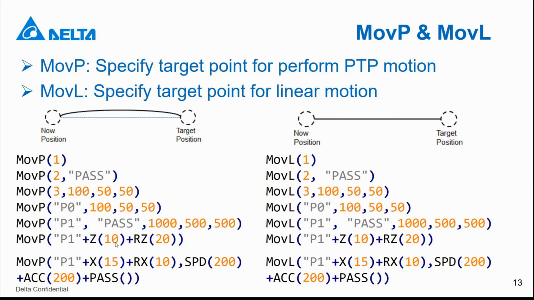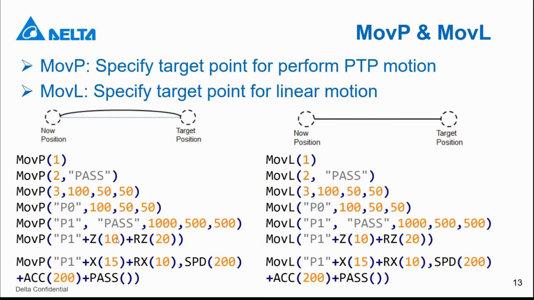And then there's another convenient function: you can use this add and then z with a number. This means we're going to this point P1, but I want to shift 10 millimeters in the z direction and also shift RZ by 20 degrees.